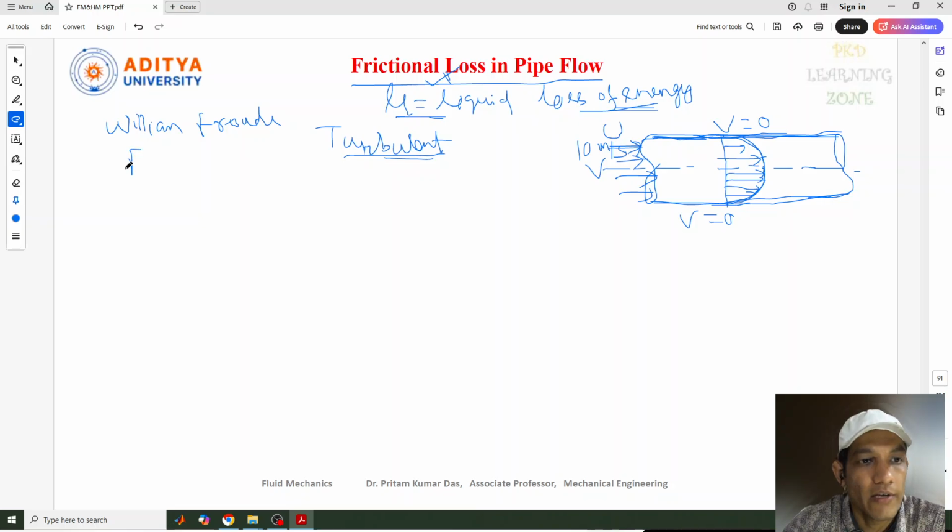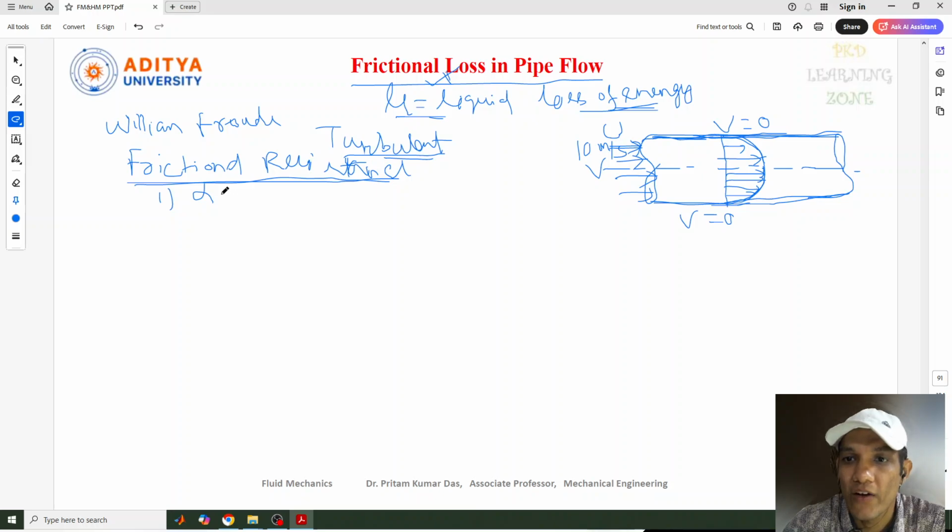So he gave some concept of frictional resistance for the turbulent flow. The frictional resistance for the turbulent flow is directly proportional to the velocity of the liquid.